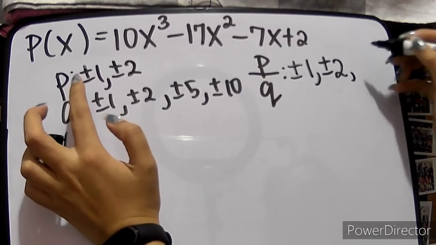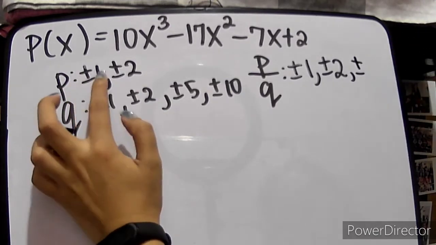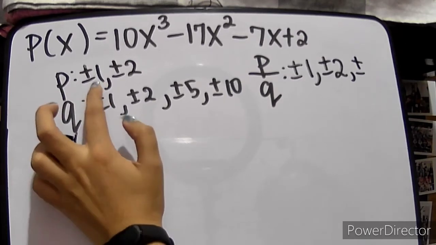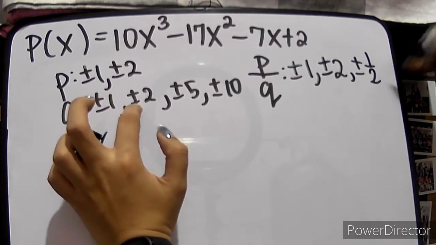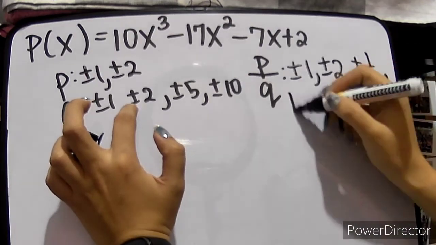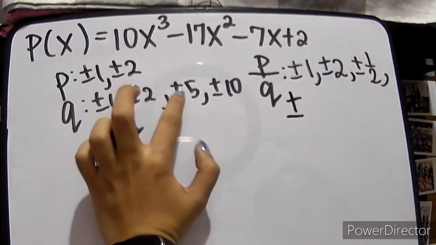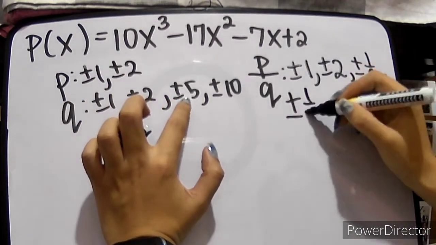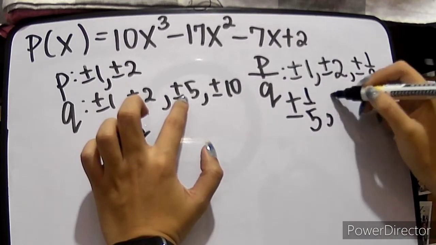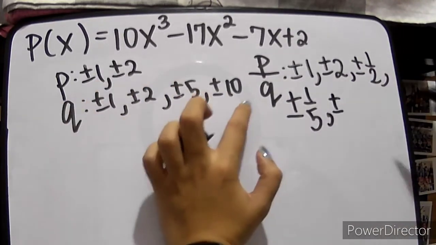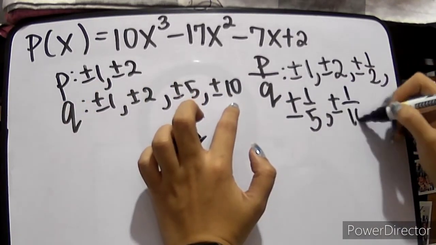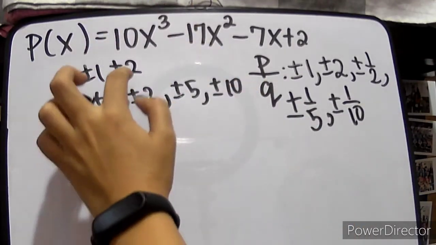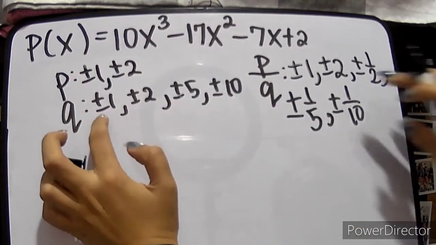So, dahil 1 yun, 1 over 1 will give us 1, 1 over 2. So, that's 1 half. And then, positive, negative 1 over 5. Yan. Lowest term na yun. And then, 1 over 10. And then, yung 2 naman, 2 over 1, 2 pa din yun.